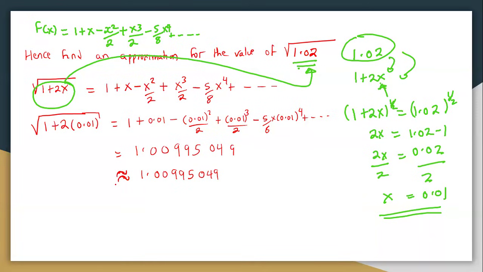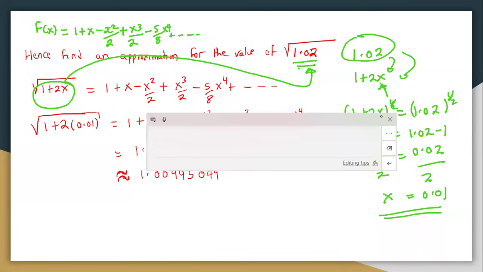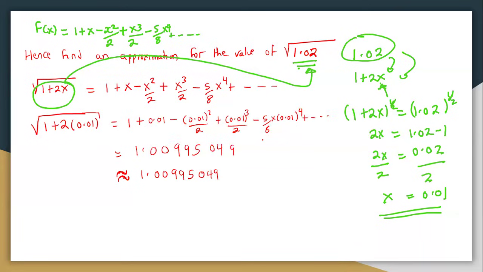But can you also place it in your calculator and see, when you place the root of 1.02, is your answer close to that? Yes, it is the one. So you may also find sometimes, in case it is a number, they may even ask you to obtain the percentage error.